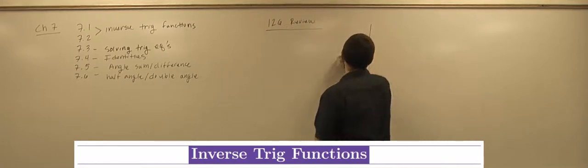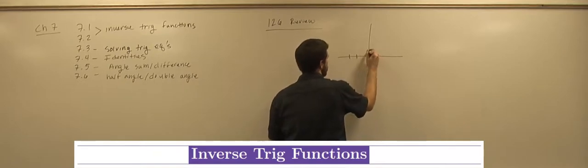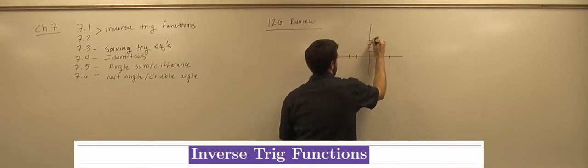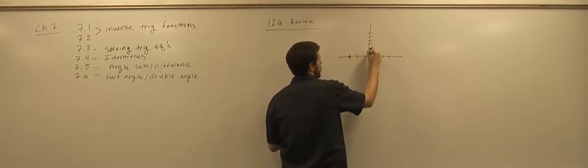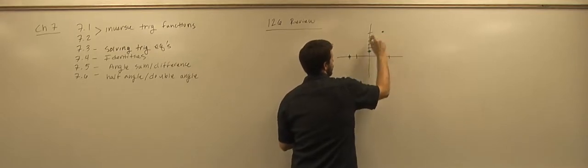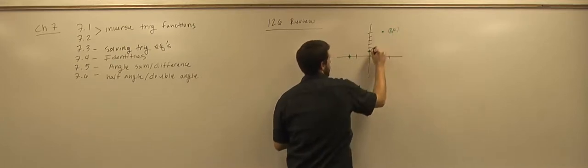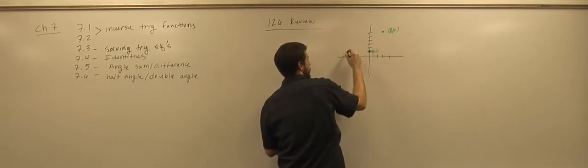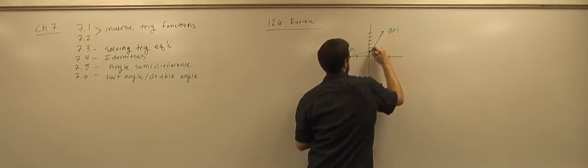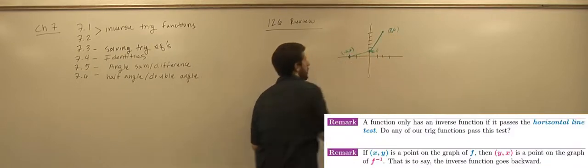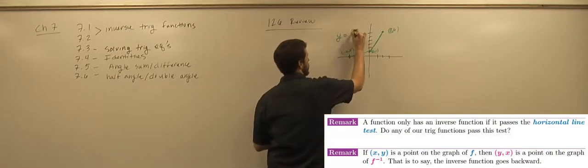If I give you a graph, here's a graph of some random function. Say it goes through, I don't know, (-2, 0), (0, 1), shoots up to (2, 6). That's your original function, like this. So if this is f, what happens on the inverse function?